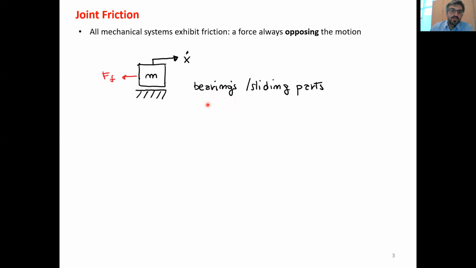This friction force, for example in a joint, is mainly related to the sliding parts, like the bearings, that are the elements that allow the rotation of the two parts of the joint, and they have balls inside, very, very hard ones, but due to the rolling contact, even for a small ball, the contact is a point, but there is always a certain kind of deformation. There is some rolling friction, and so some friction in the bearing.